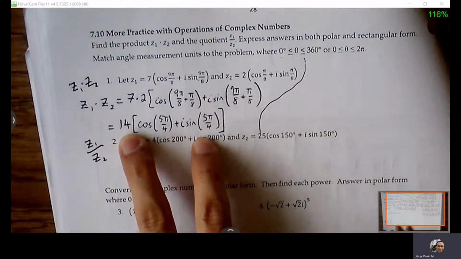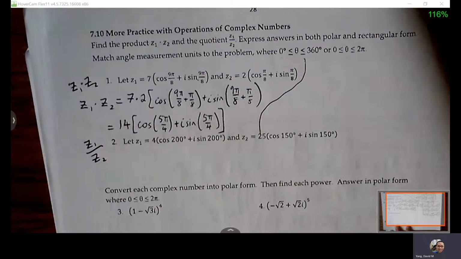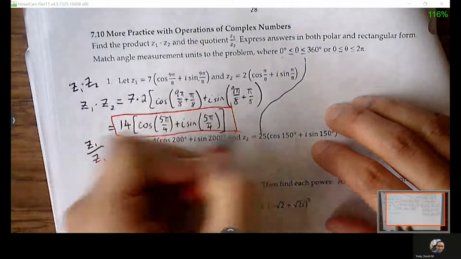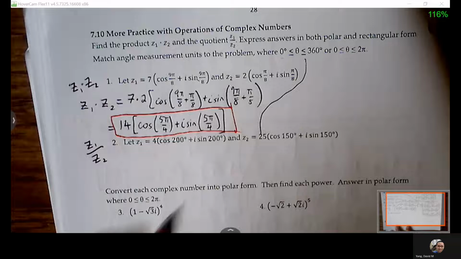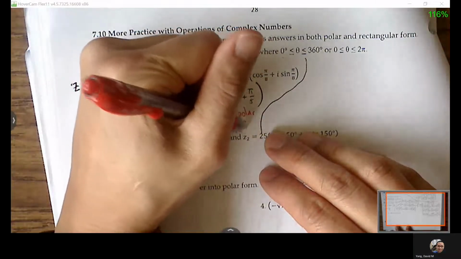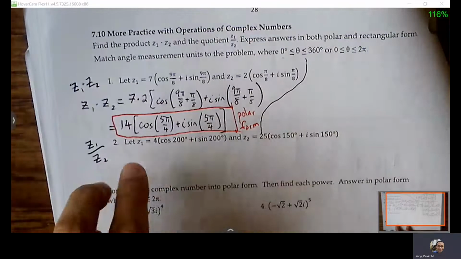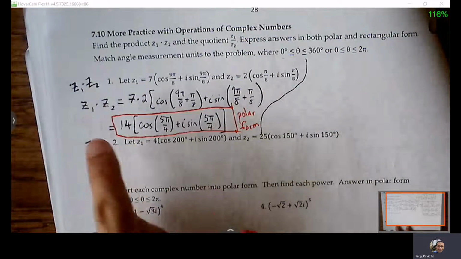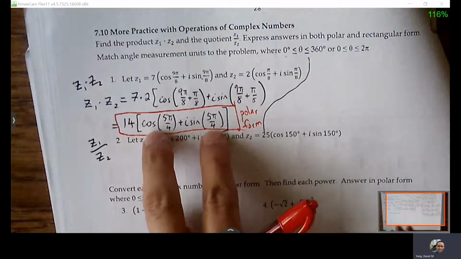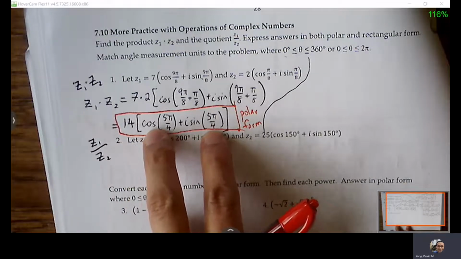Okay, you'll leave it like this for polar form. And if you want to get this into rectangular form, just distribute the 14 through and then resolve the cosine of 5π/4 and sine of 5π/4.